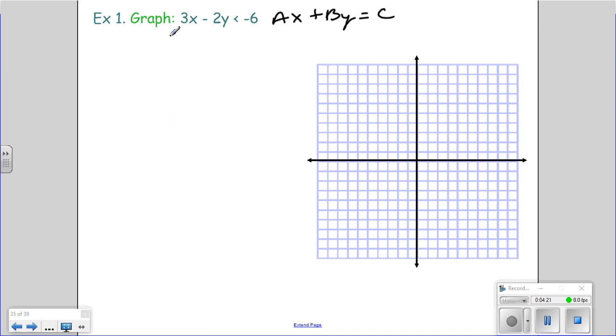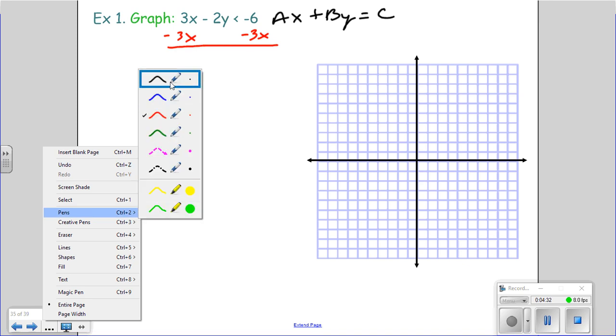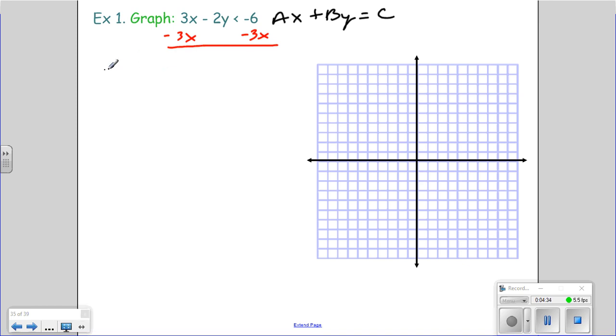So the first thing you would do is subtract 3x on both sides. That would leave me with a negative 2y less than negative 3x minus 6. So when you move the 3x, it doesn't affect the 6 that was there, but you show that it's on the other side.